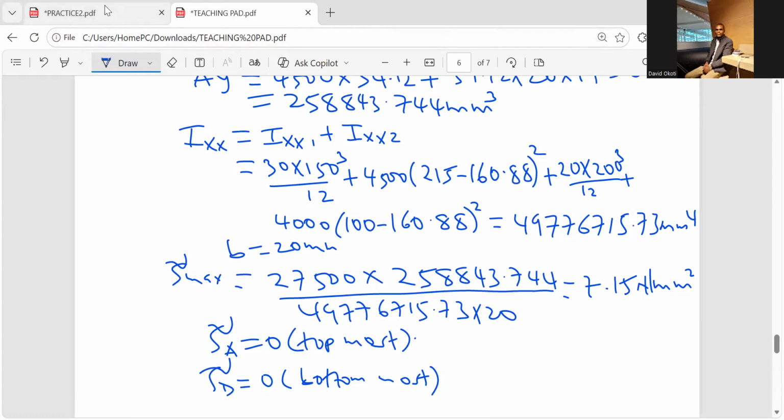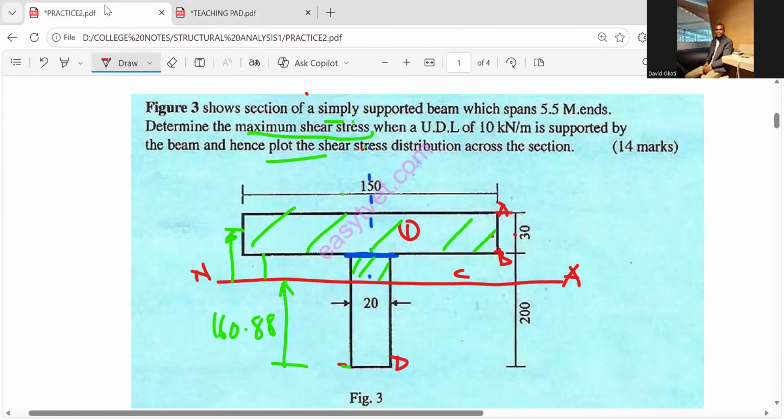Now I'm remaining with computing the value of shear stress at point B because at point C I already have it, the maximum, which is the neutral axis. So at point B, I'm going to compute the value of shear stress twice. Why? Because point B, the line B is through the junction between the flange and web.